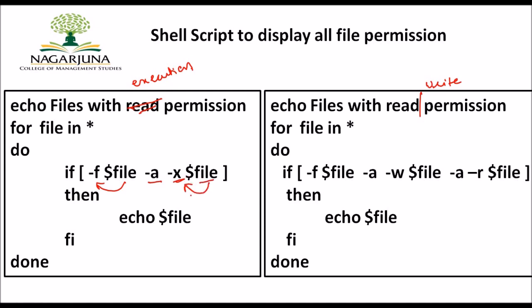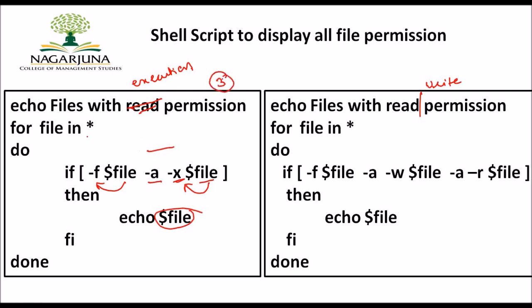If the file has an execution permission, then display that particular file. It's very similar to the previous two methods. So the first method is to check if the file has read permission. The second one displays all the files which have only the write permission, and this is the snippet. So this is your third part of the program.